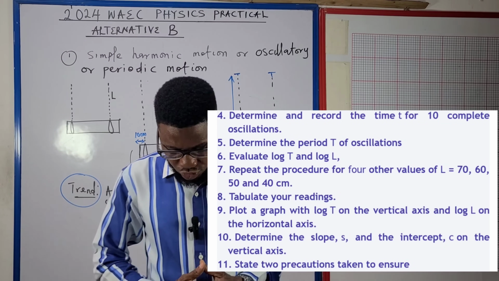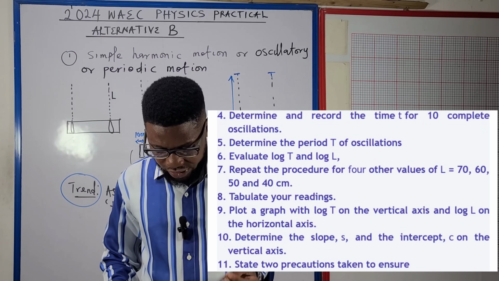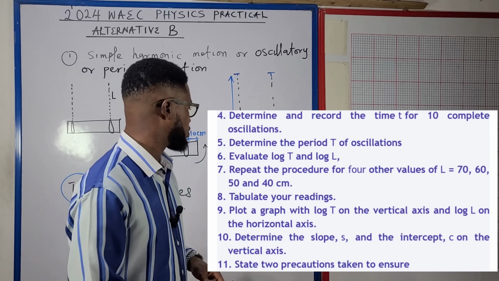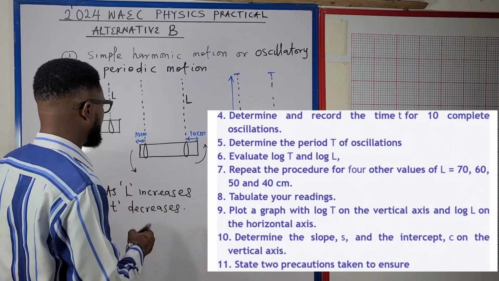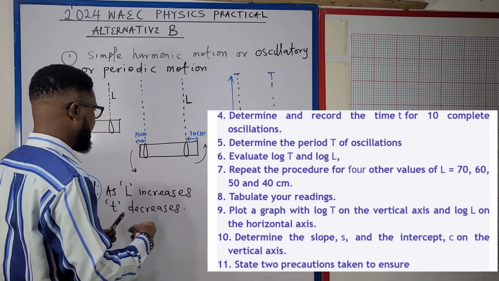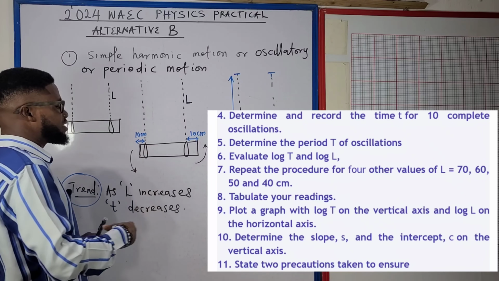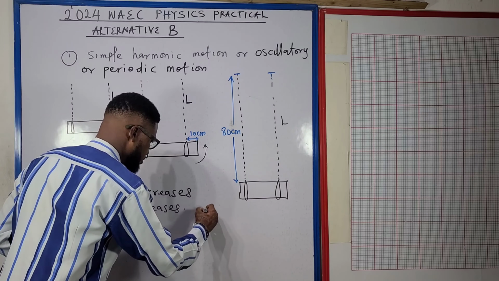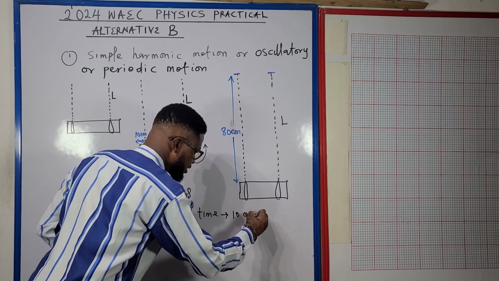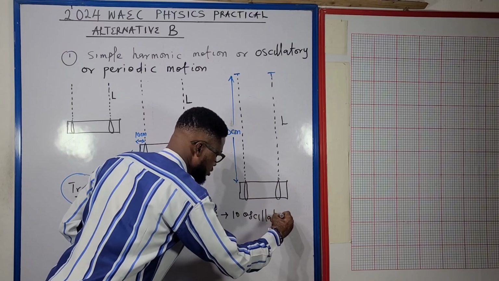Now, for instruction 4, it says determine and record the time t for 10 complete oscillations. So from our stopwatch, when they say 10 complete oscillations here, we have to determine the time it takes to complete 10 oscillations.